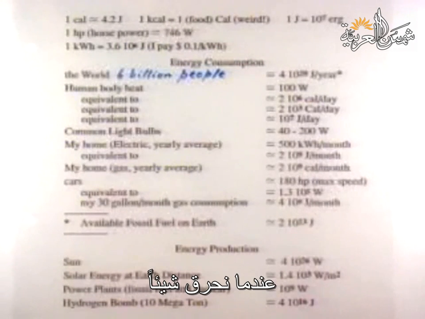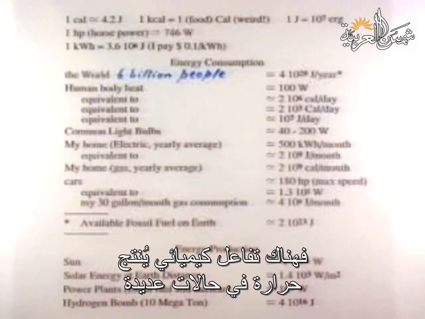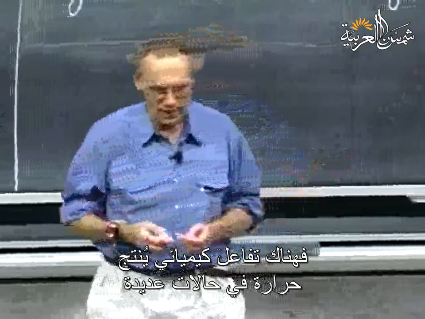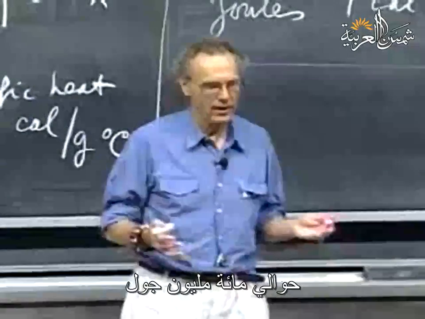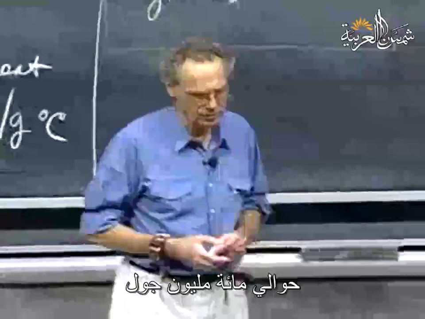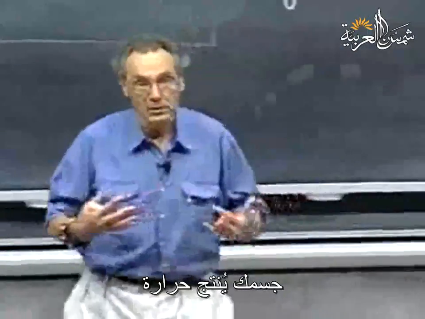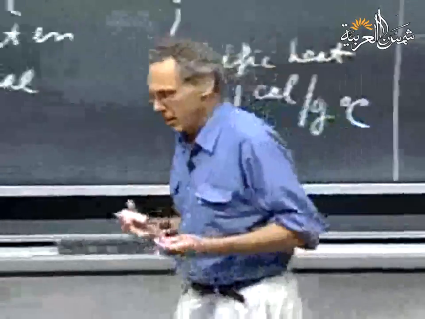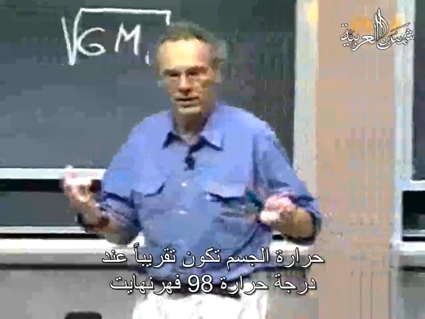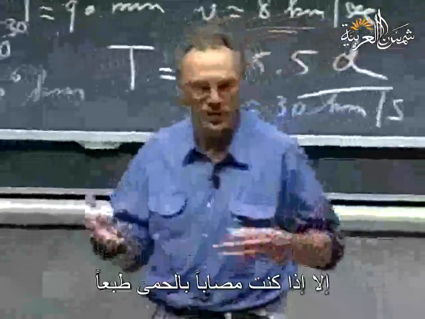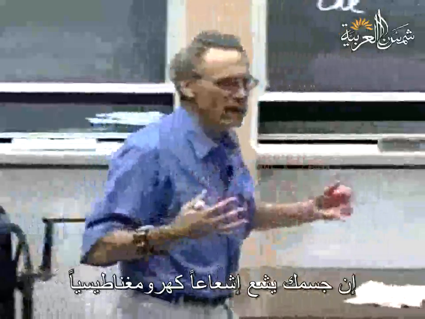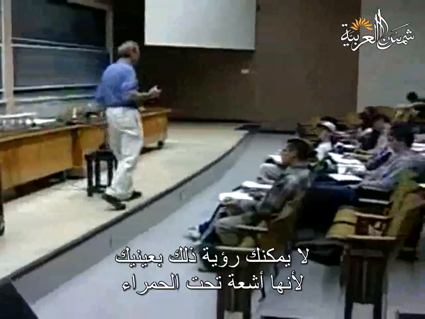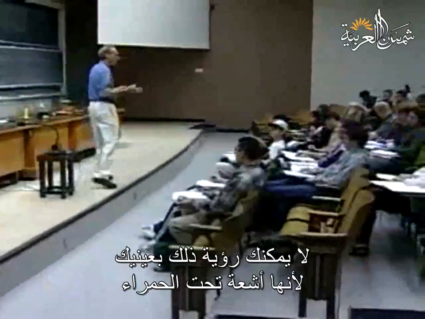When we burn something, there is a chemical reaction which produces heat in many cases. Gasoline produces per gallon something close to 100 million joules. Your body produces heat. Your body is roughly at a temperature of 98 degrees Fahrenheit, unless you happen to run a high fever today. And your body is radiating electromagnetic radiation. You can't see it with your eyes because it's infrared.